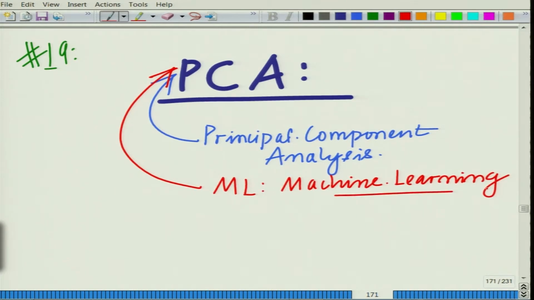We have already seen an application in machine learning, that is using the Gaussian classifier. This is another important application of linear algebra, that is principal component analysis.